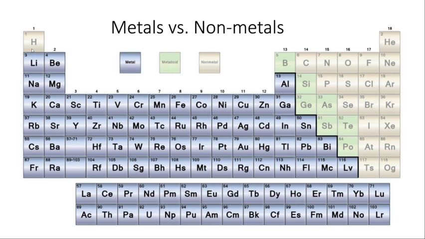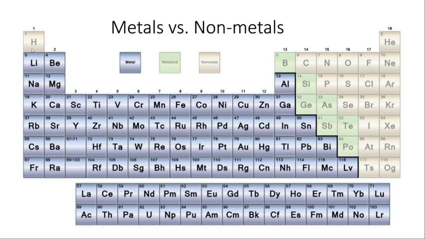Now, this is a pretty common breakdown of the periodic table. This line is a little different on yours. On yours, it goes something like this. Either way is acceptable; I've seen it both ways. This one might be slightly more accurate, but we'll leave it where it is.